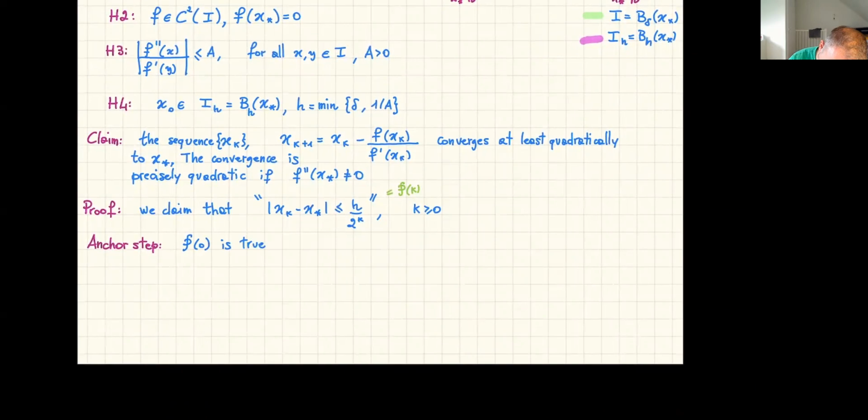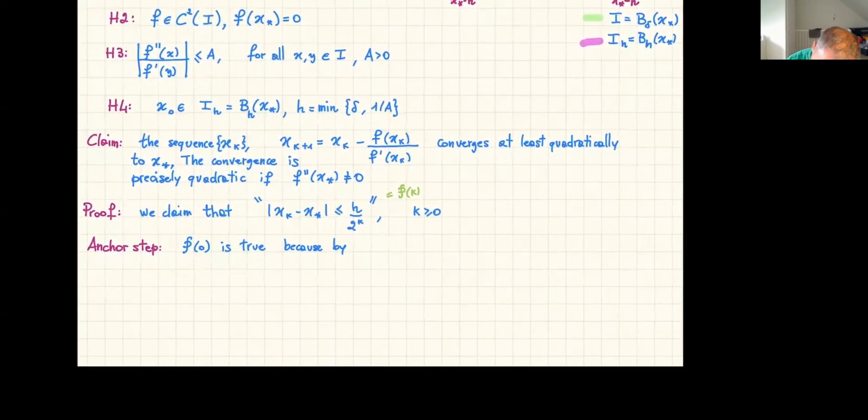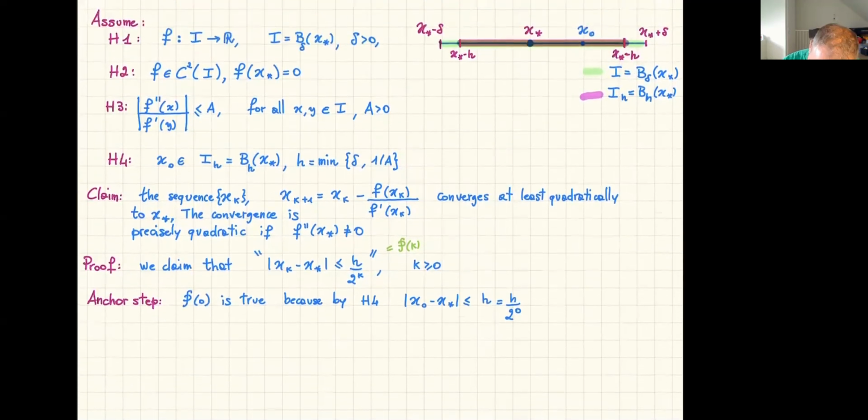And I think that is true because by what we call hypothesis 4, x naught minus x star is less than h, and that is h divided by 2 to the 0. And so that is P0 being true.